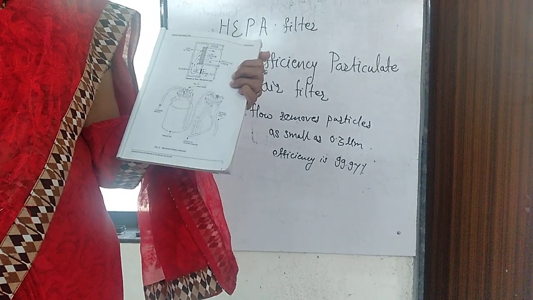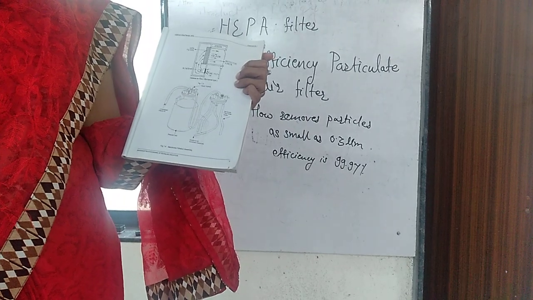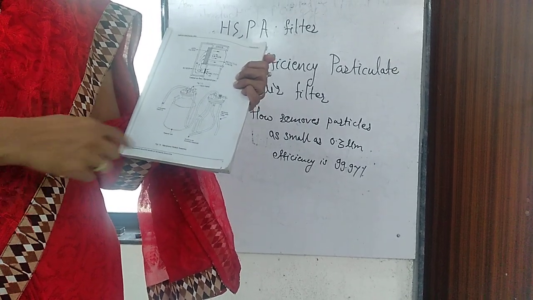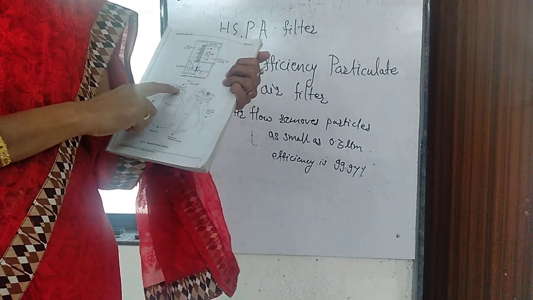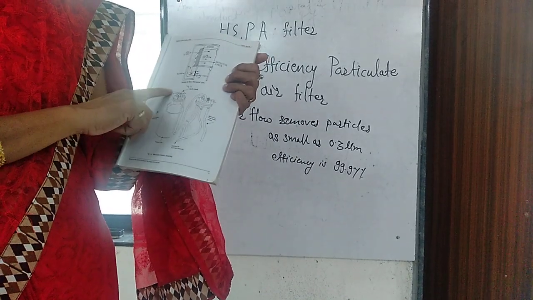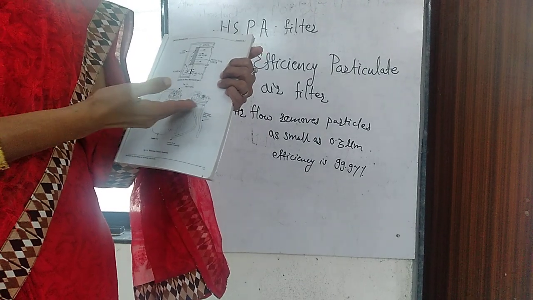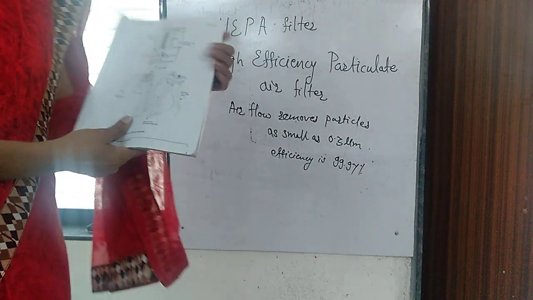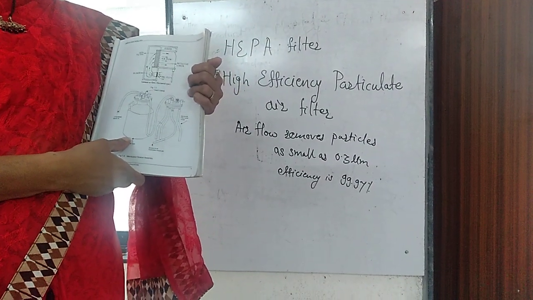So whatsoever material you have to filter or sterilize is supplied from here. Here compressed air is supplied. The filter's mesh size is very small, 0.8 to 0.22 micron.